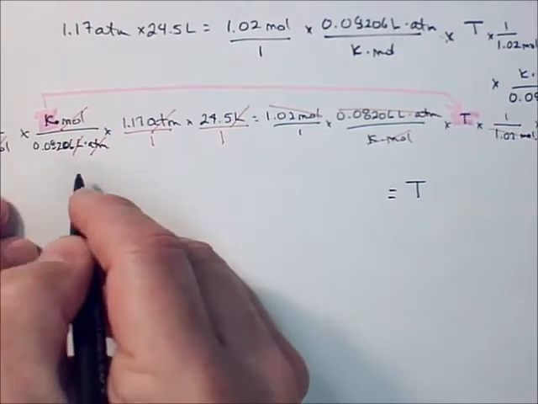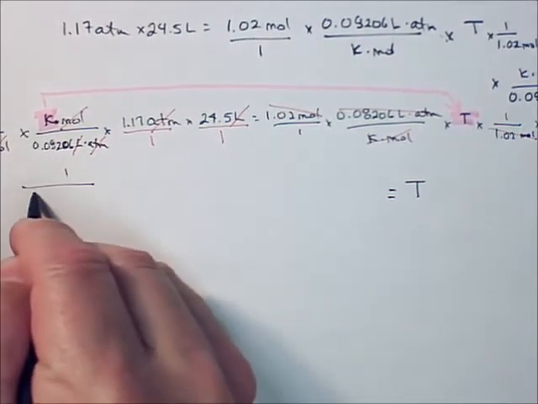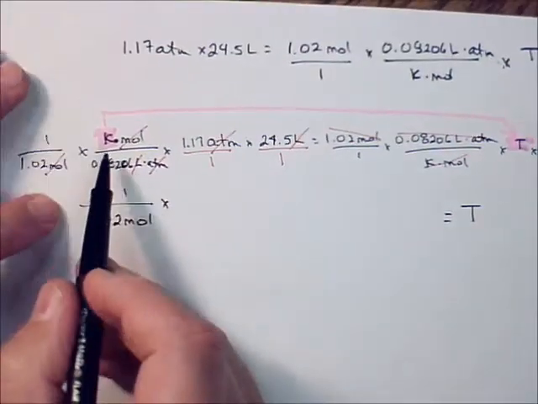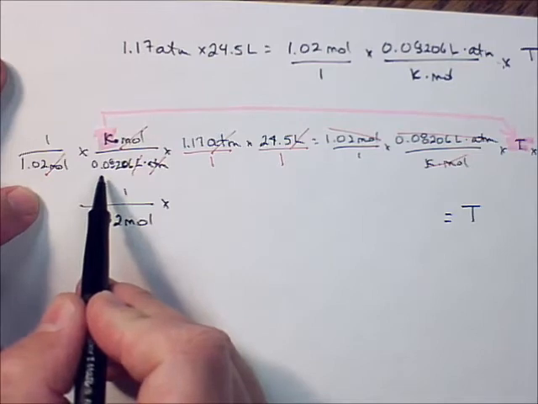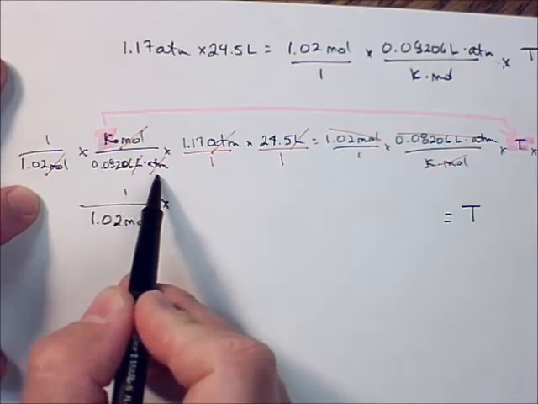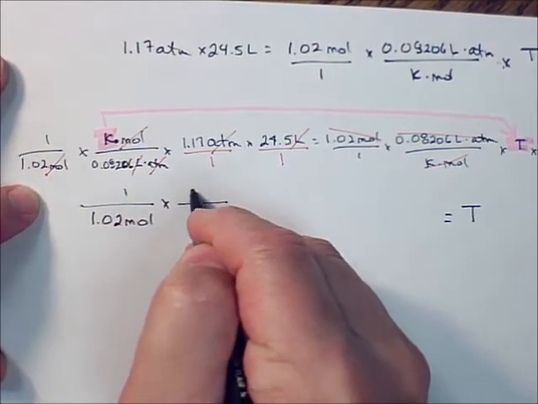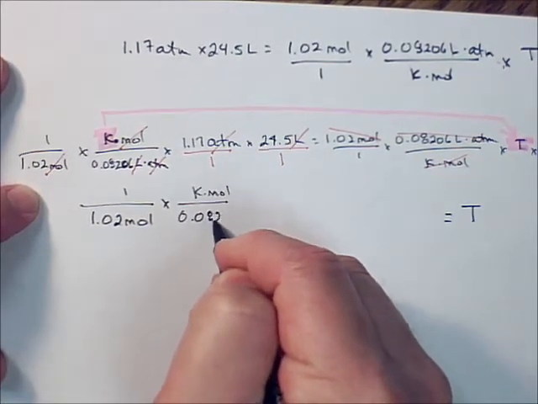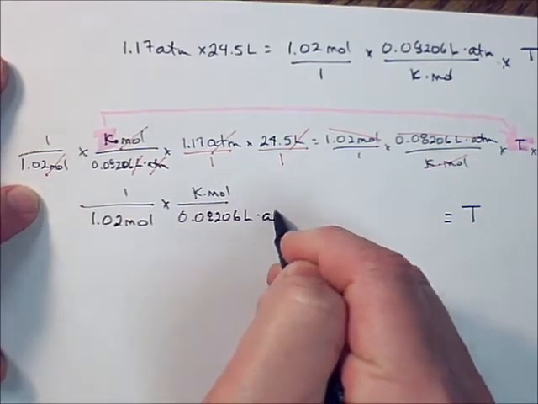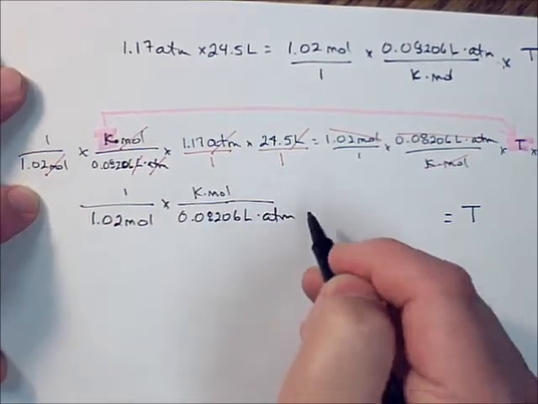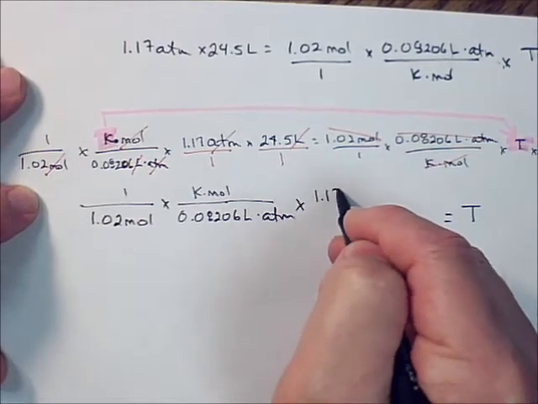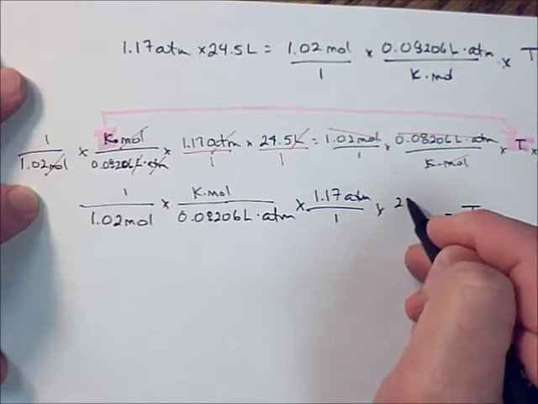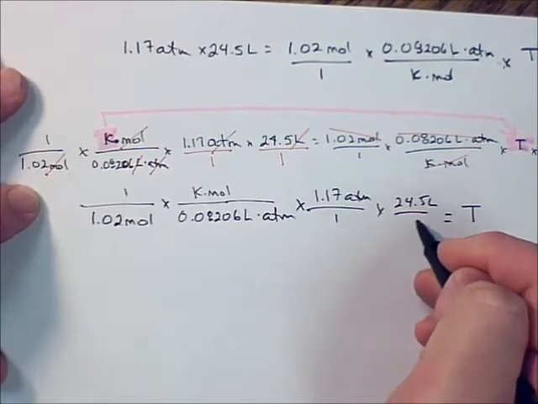Temperature equals 1 over 1.02 moles, Kelvin times moles over 0.08206 liters times atmospheres, times 1.17 atmospheres over 1, times 24.5 liters over 1.